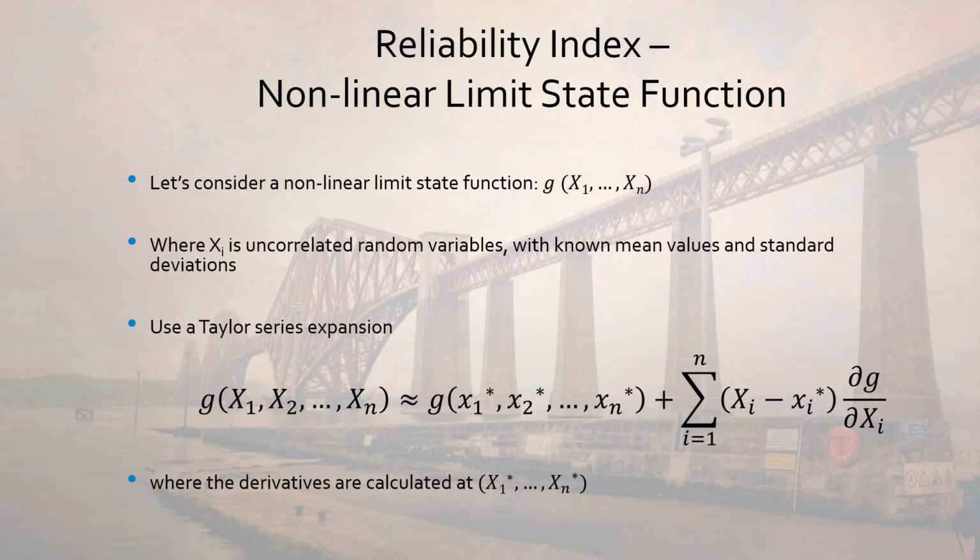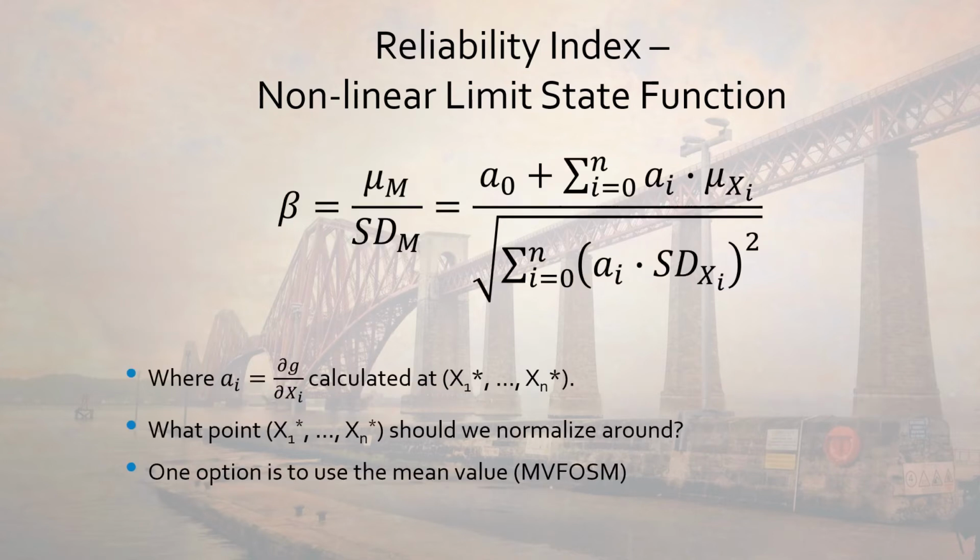The derivatives are calculated at xi star. The safety index can then be written in the same way as in the general case, where ai are now the partial derivative function at xi.